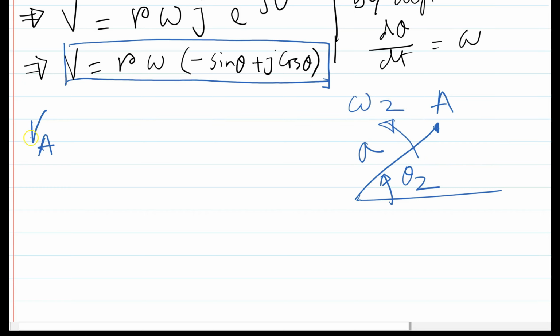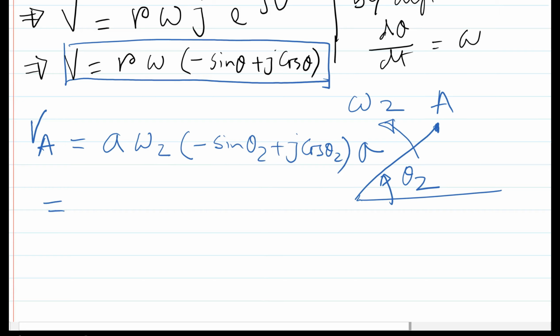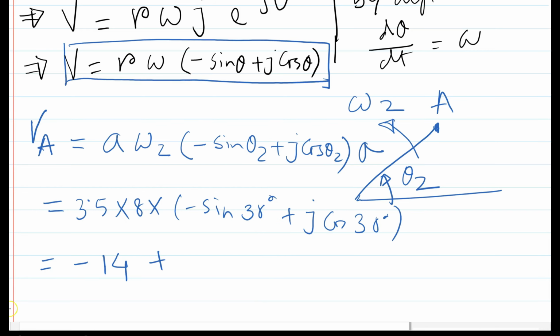So we can write VA equal A times omega 2 times (sine theta 2 plus j cos theta 2). If we substitute the values, after calculation we get a complex number, which is negative 14 plus j 24.25.